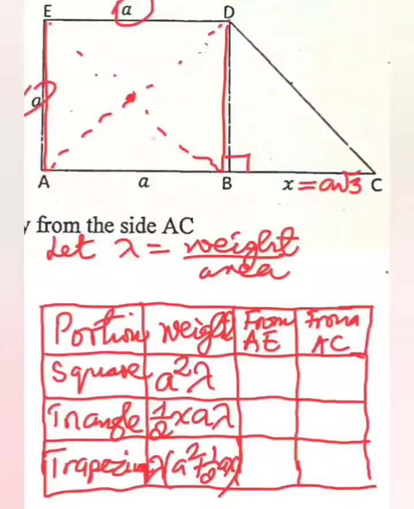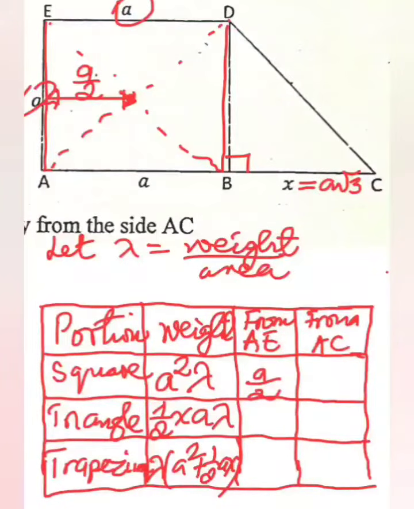So the distance from AE is half of ED, which is a. So the distance from midway to AE would then be a over 2. So I can now complete that section of my table. Distance of the center of the square from AE is a over 2.